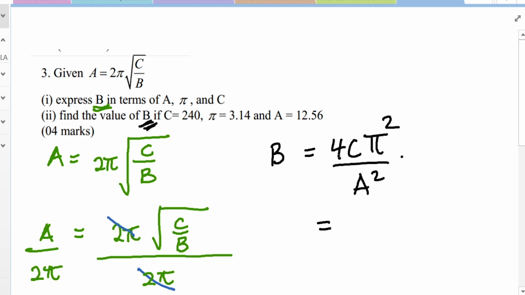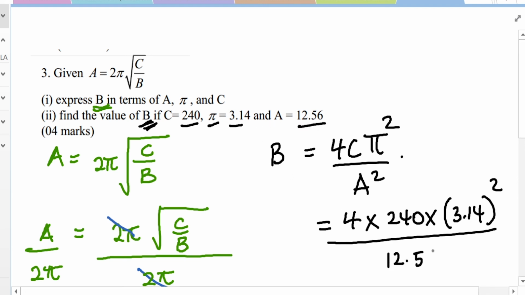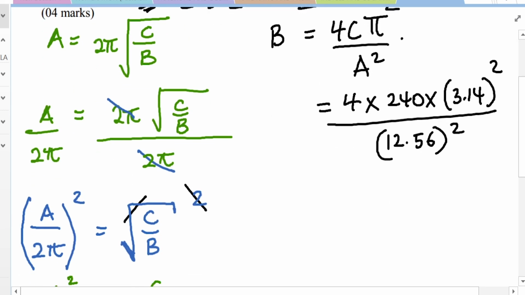So from that, we know that this is going to be 4 times c, c is 240 times 240, multiplied by pi, which is 3.14 squared, divided by a, which is 12.56 squared. So from there, we shall be able to get our value of b. Our value of b here is 60.